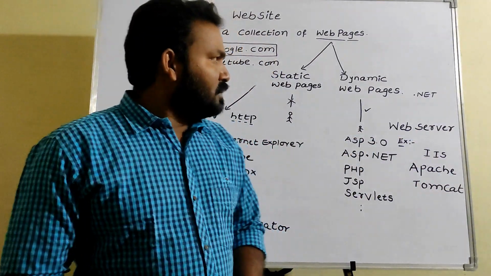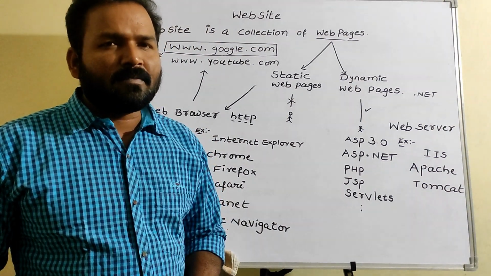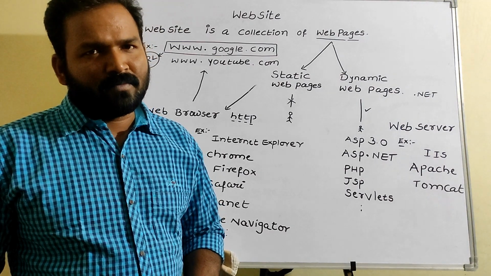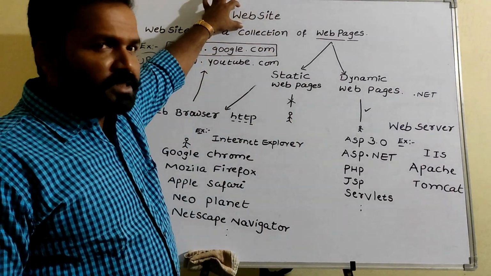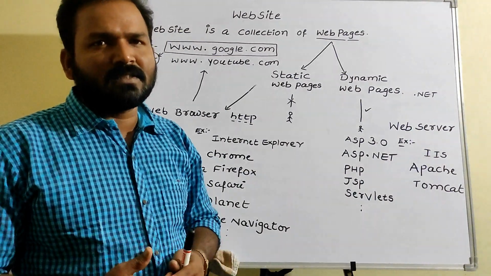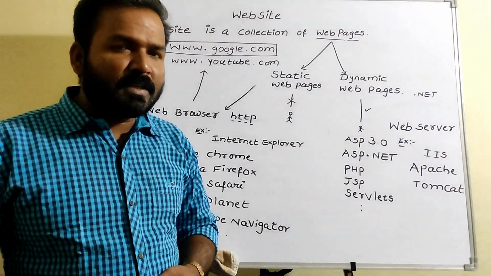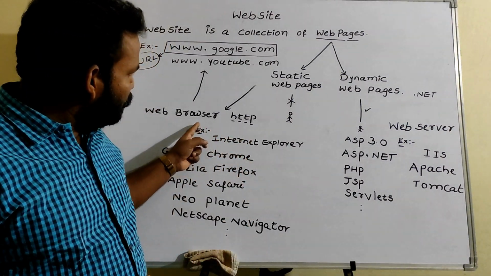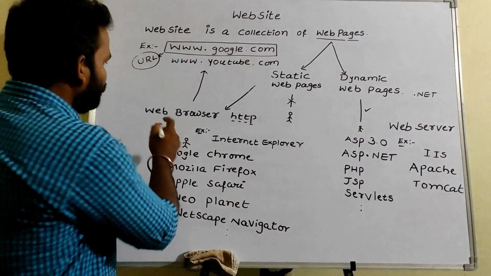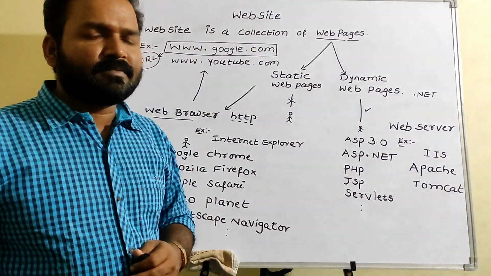So this is about website, web browser and web server. What is website? Website is a collection of web pages. What is web browser? Web browser is a software used to view the websites.